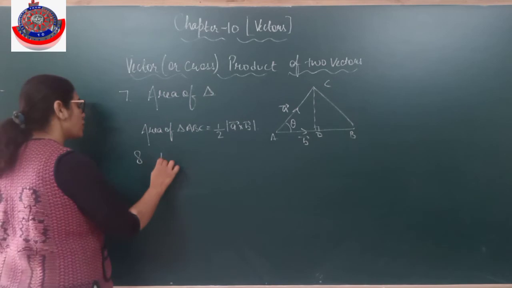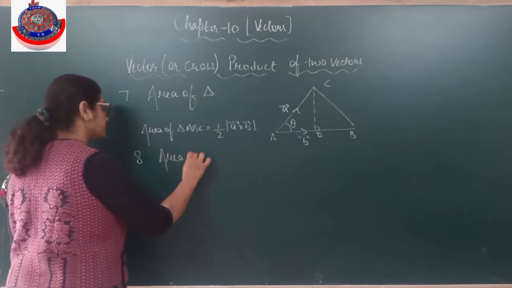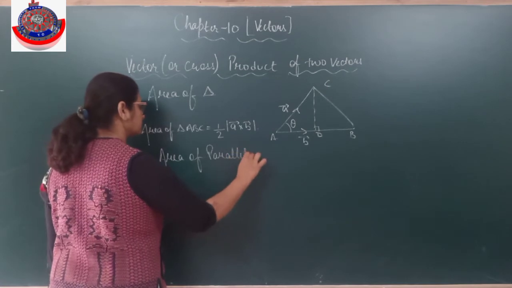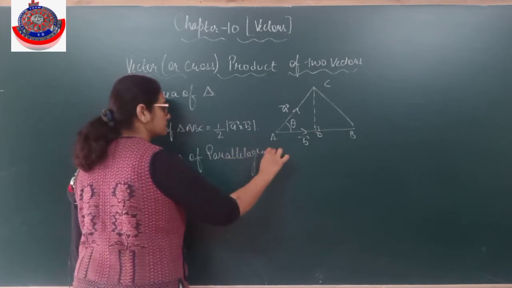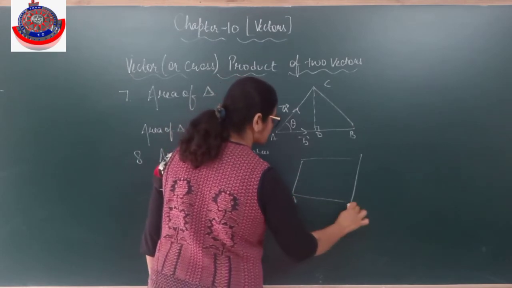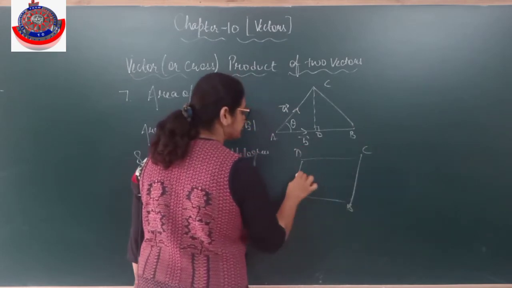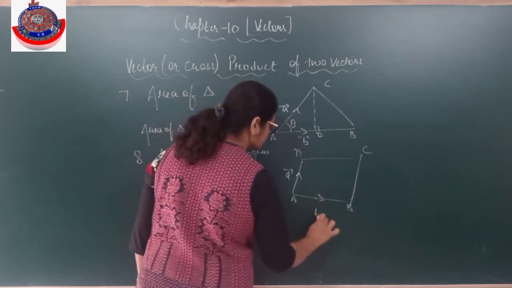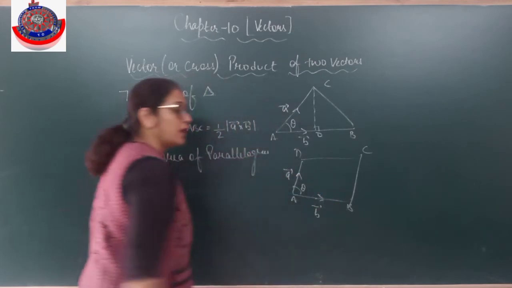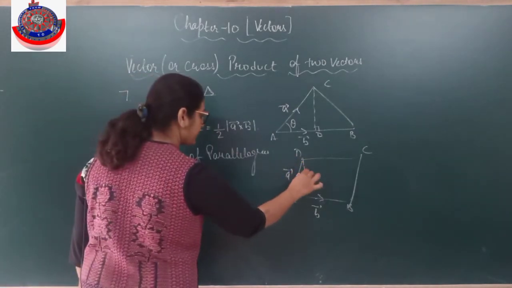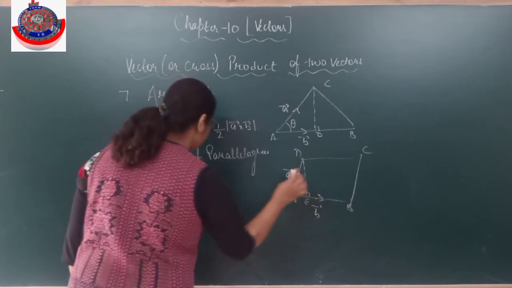Same way we get the area of a parallelogram. Again we derive it from the same, we draw a perpendicular and then we find out.